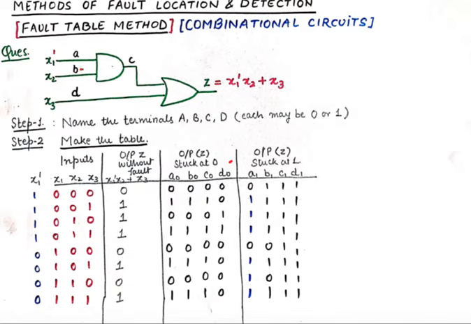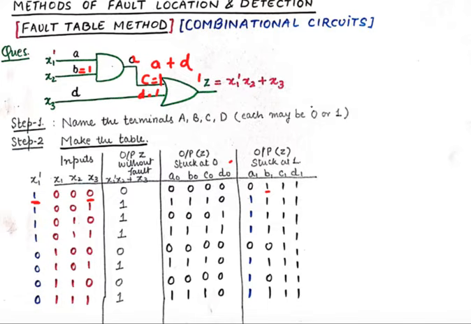When B is 1, A will come here, and A plus D will be Z. Now A is nothing but x1 bar, so whenever 1 and 0 is there, we get a 1 here, and so on. When C is stuck at 1, then we always get a 1. When D is stuck at 1, we always get a 1. So these two columns are always 1.